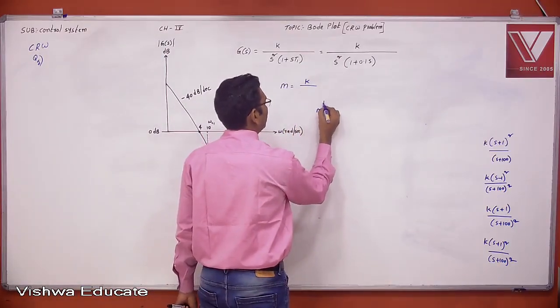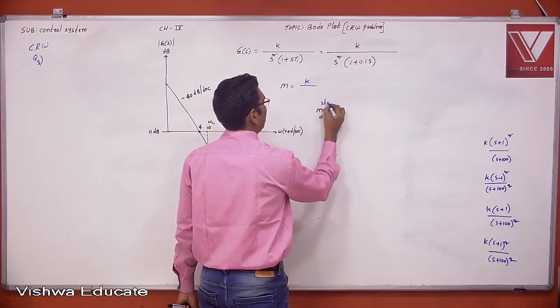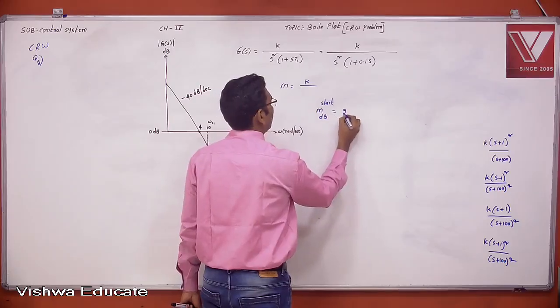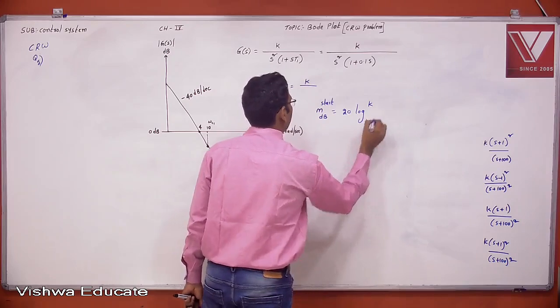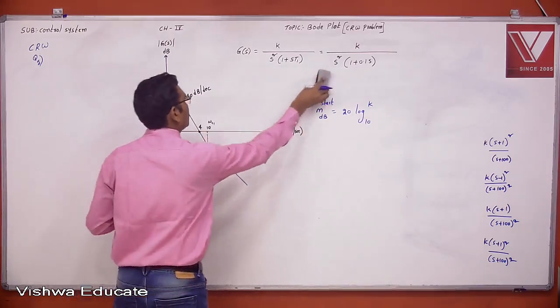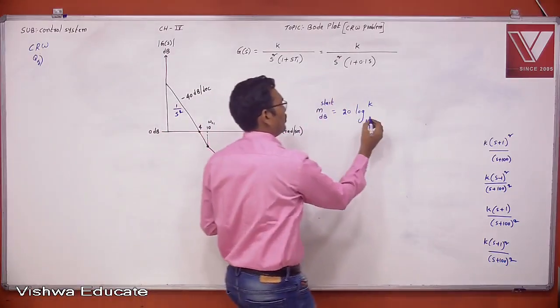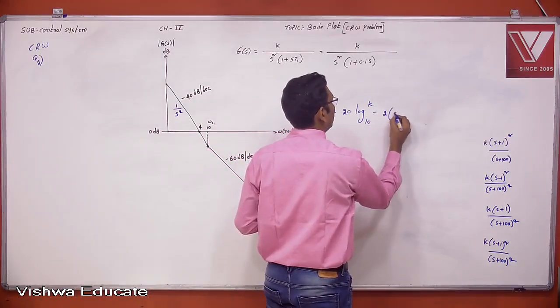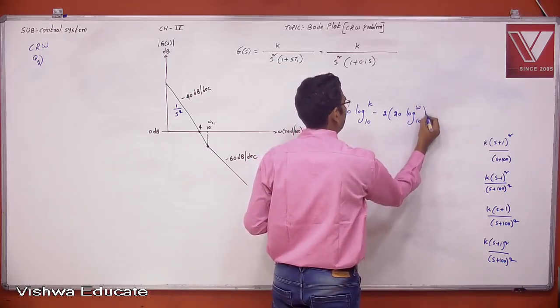The starting magnitude formula in terms of dB is 20 log K base 10, minus, because here there are 2 poles at origin, 2 into 20 log omega base 10.